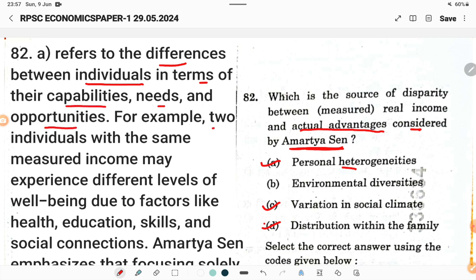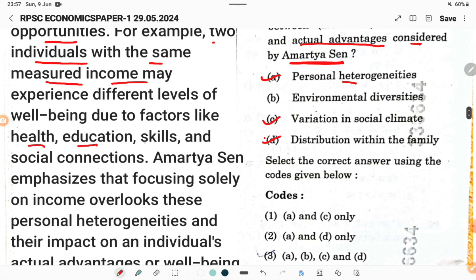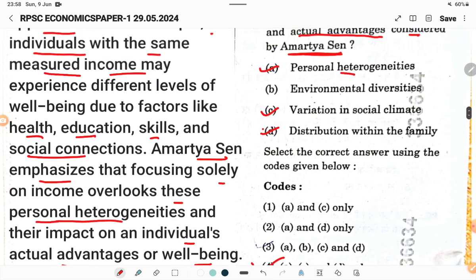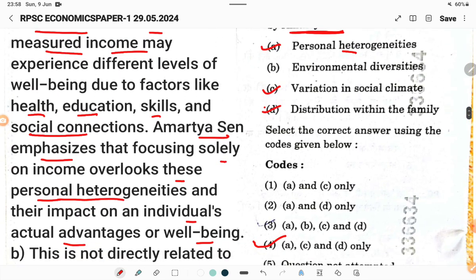For example, two individuals with the same measured income may experience different levels of well-being due to factors like health, education, skills and social connections. Amartya Sen emphasized that focusing solely on income overlooks these personal heterogeneities and their impact on an individual's actual advantage or well-being. Now the second, environmental diversities.